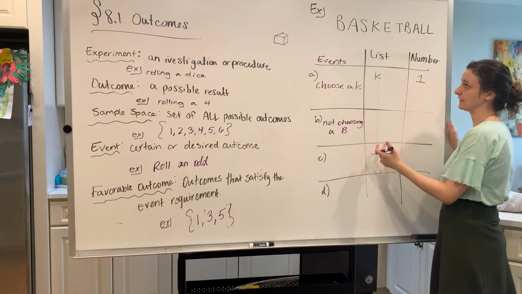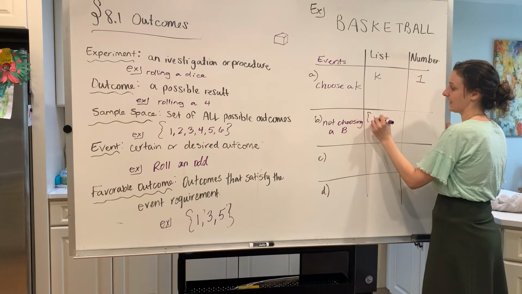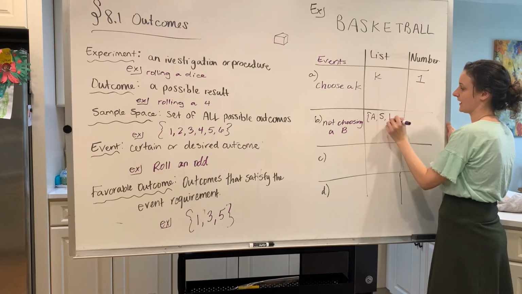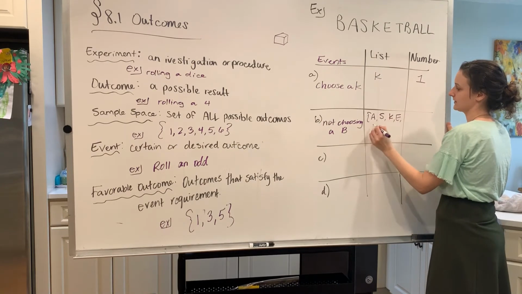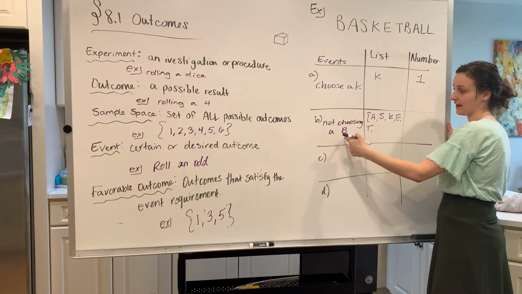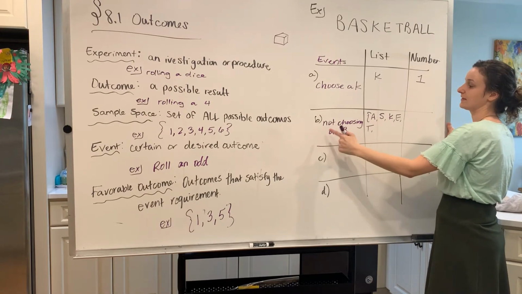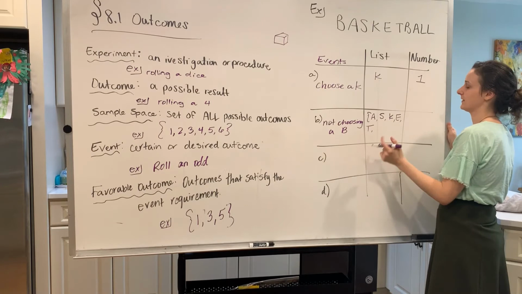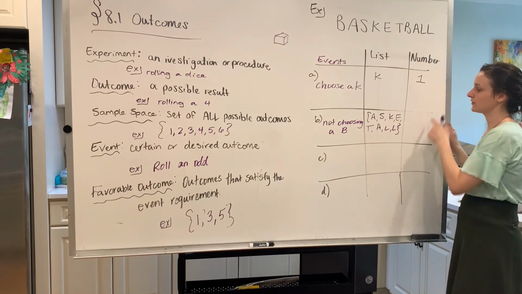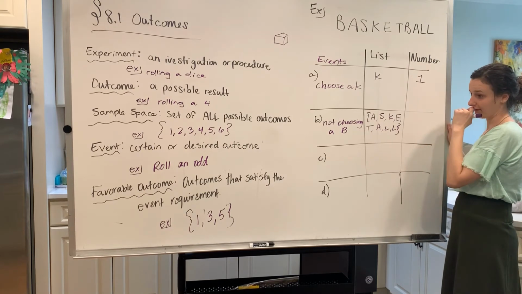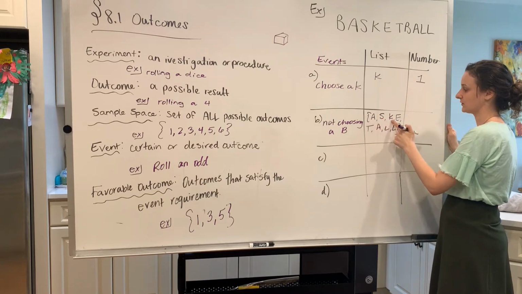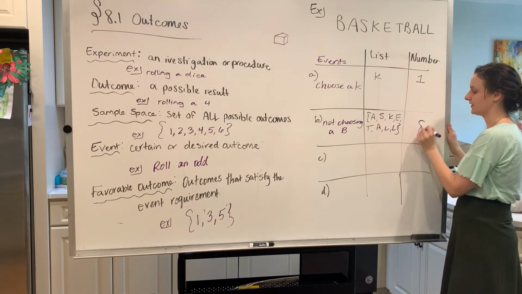Well, if I don't choose a B, I could choose an A, I could choose an S, I could choose a K, E, T. Now I can't list B because again, that's my event, and that would not satisfy the event of not choosing a B. And I have A, L, and L. Okay. So the number of favorable outcomes in this event is 1, 2, 3, 4, 5, 6, 7, 8. There are 8 of them.